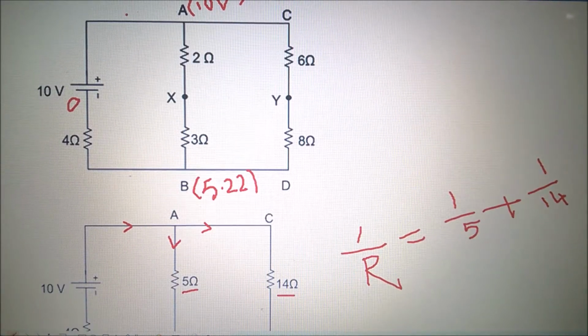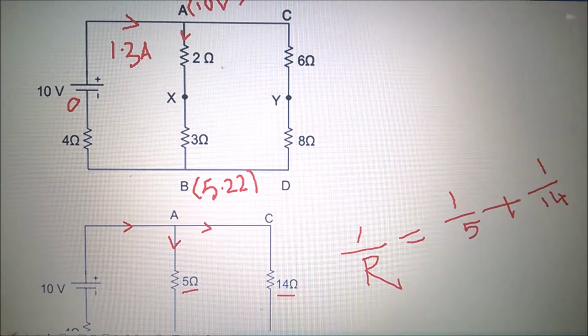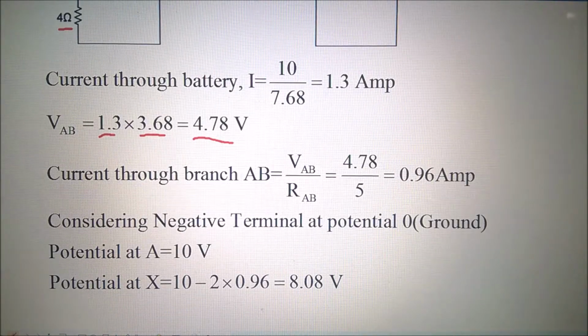Now the current is flowing at 1.3 ampere through the battery. And how is it divided? How the current divides into two parts, we have to find out by the potential difference between A and B divided by the equivalent resistance, that means 5. That we are doing here.